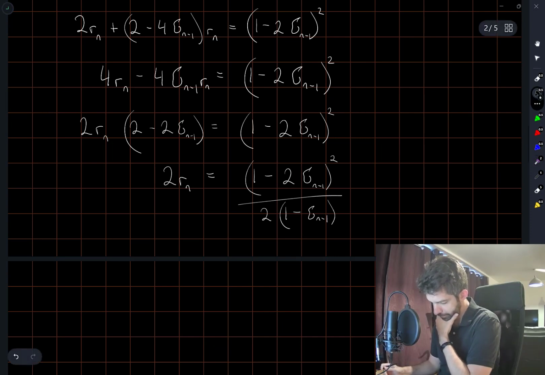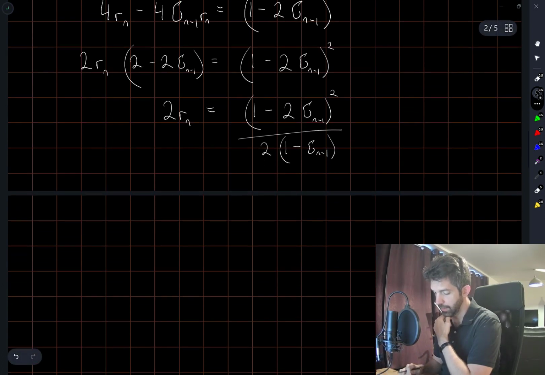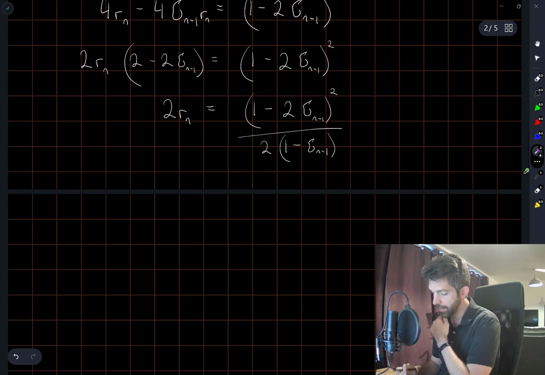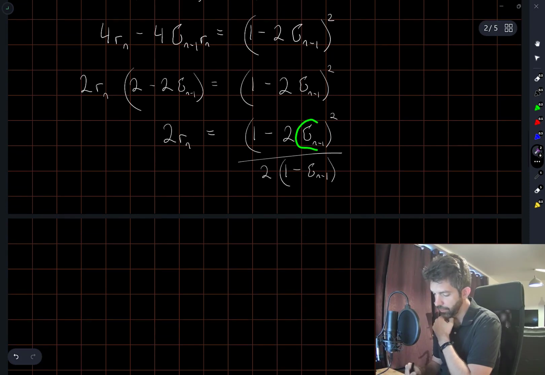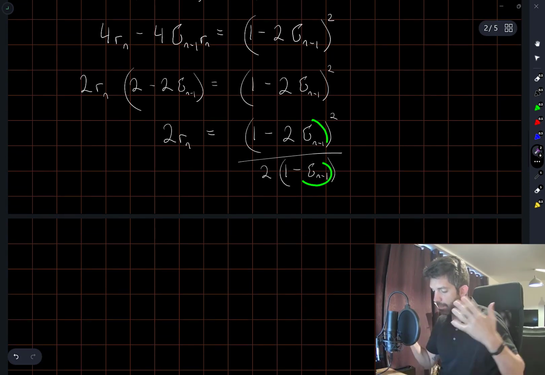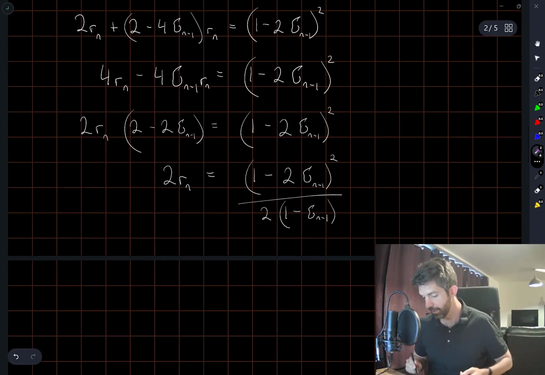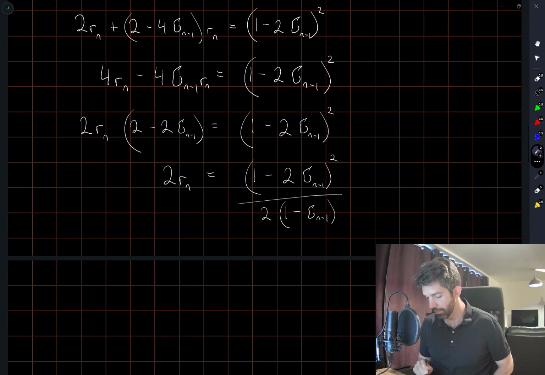So I'm going to now manually compute the first few values of Rn. So R1 was given, and in fact we see that when n is equal to 1, both of these sums are empty sums, and so they are equal to 0. And I see that I just get R1 is equal to 1 over 4.